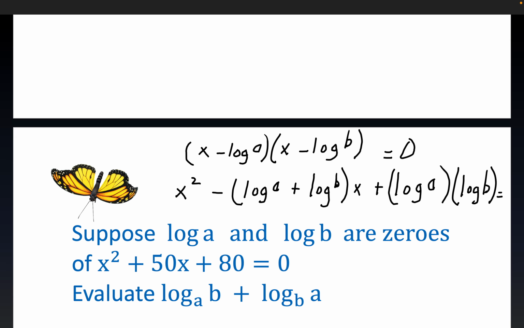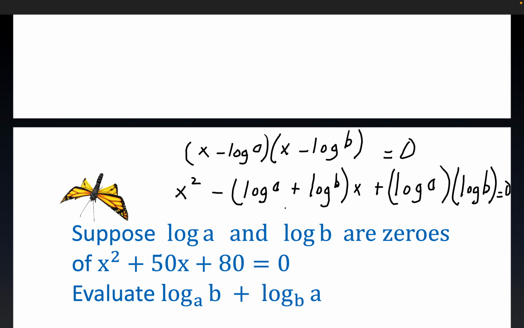So there we go. What we can see is that this 80 will be equal to log base 10 of a times log base 10 of b. That will be equal to 80. And then minus 50 is equal to this.